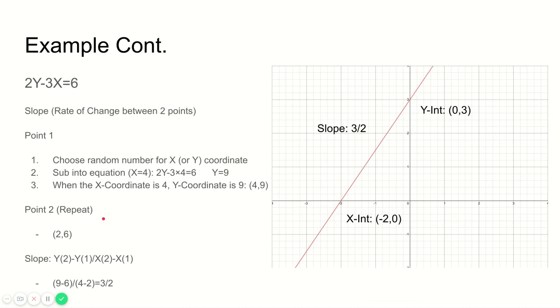And then you just make sure to put them in order, where let's say if you want 9 in this case to be y2, you have to make sure 4 is x2. And then you just get 9 minus 6 divided by 4 minus 2, and then you can find a slope of 3 divided by 2. And that just concludes our lesson on graphs.